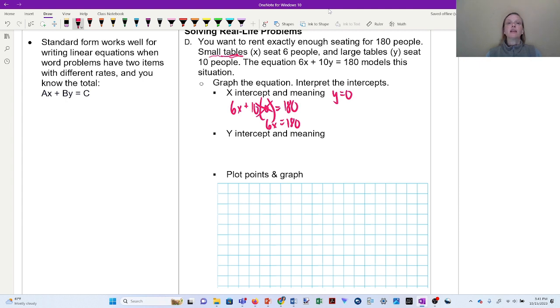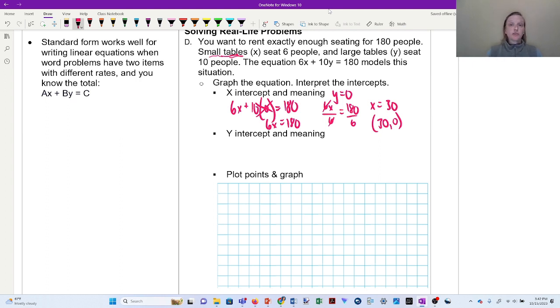If I divide both sides of the equation by 6, the 6 disappears and I'm left with x equals 30. So I have x equals 30, y equals 0, which gives me the point (30, 0), one of the points on my graph.